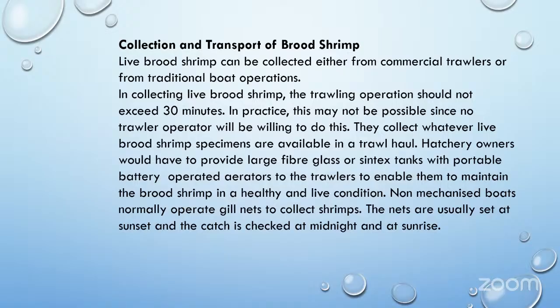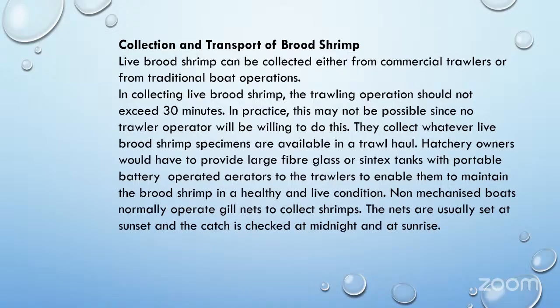Hatchery owners would have to provide large fiberglass or Syntex tanks with portable battery operated aerators to the trawlers to enable them to maintain the brood shrimp in a healthy and live condition. Non mechanized boats normally operate gill nets to collect shrimps.